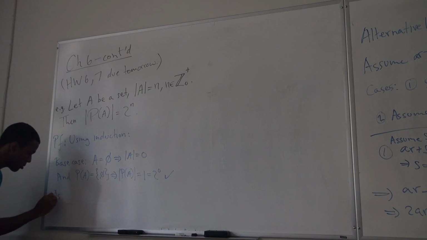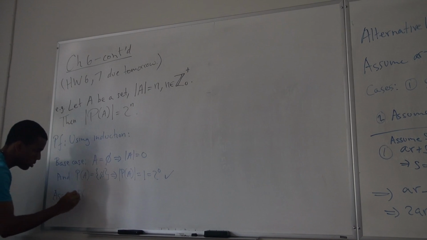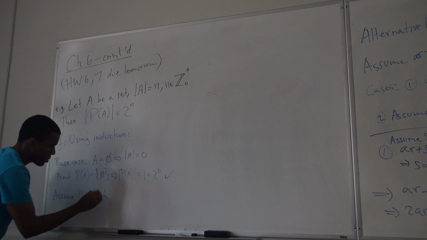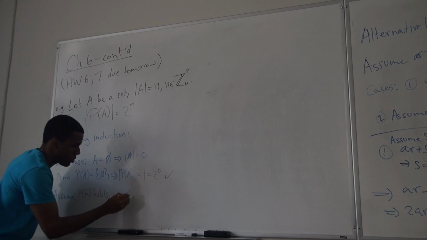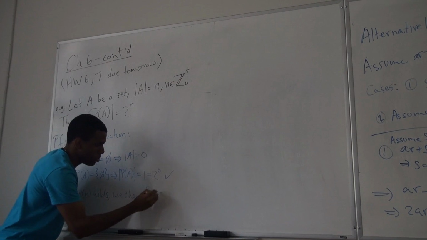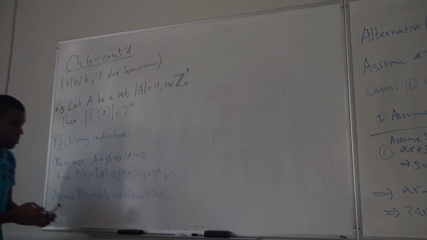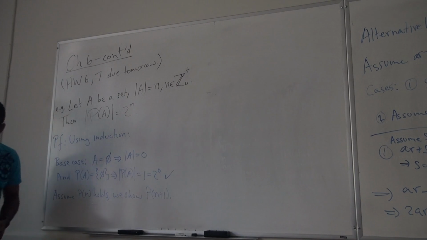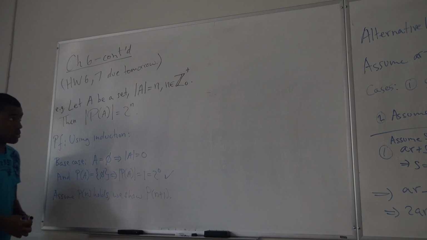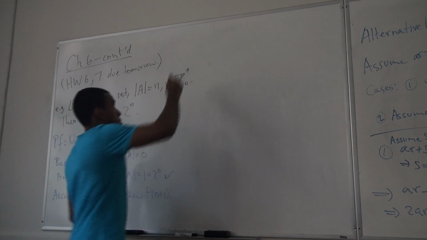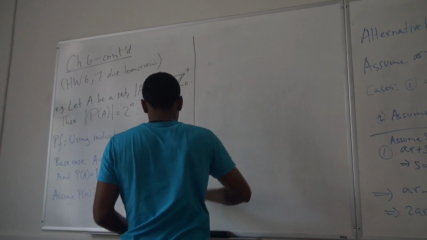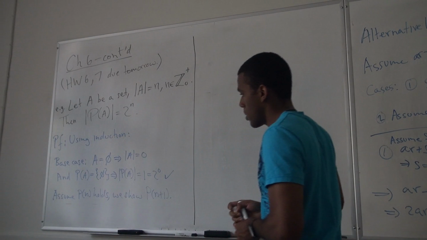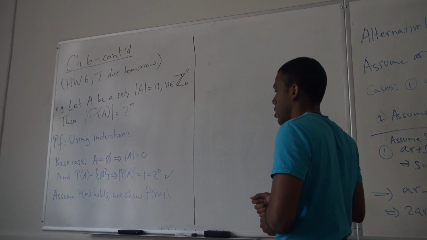Now assume K(n) holds. We show K(n+1). How? How do you show K(n+1)?